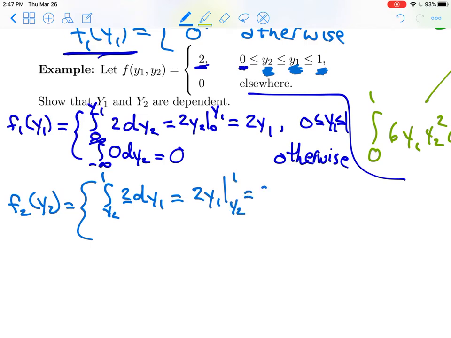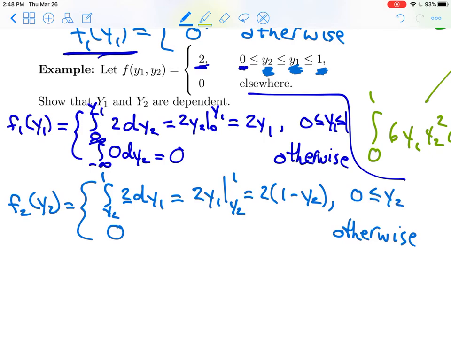And when we plug these in, we're going to end up with 2 times 1 minus y2. And for the other piece, we're just going to get 0. All right, so we have this as our marginal density for y2, provided the value of y2 is between 0 and 1.